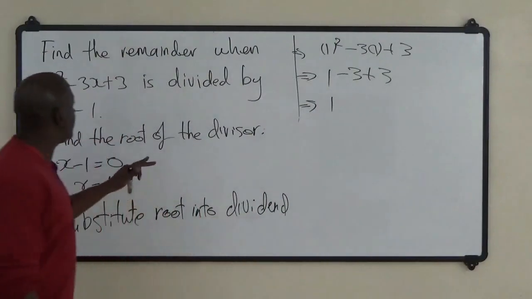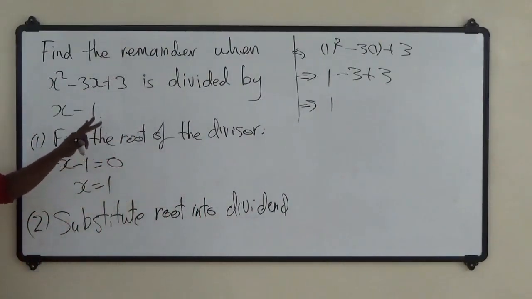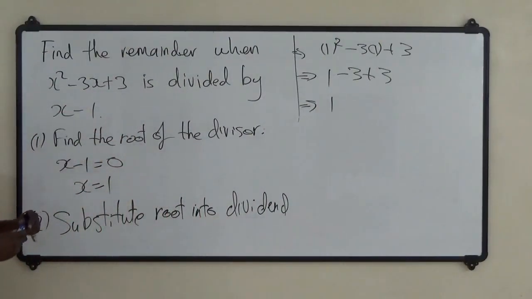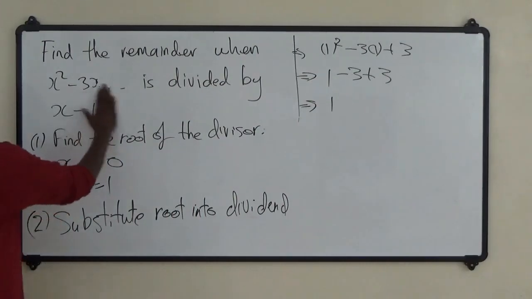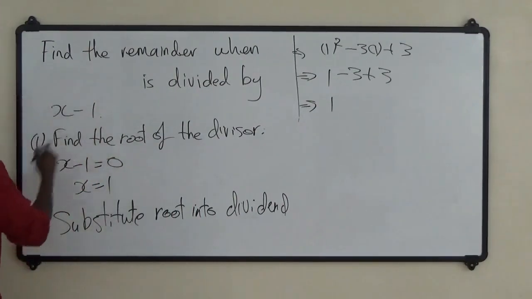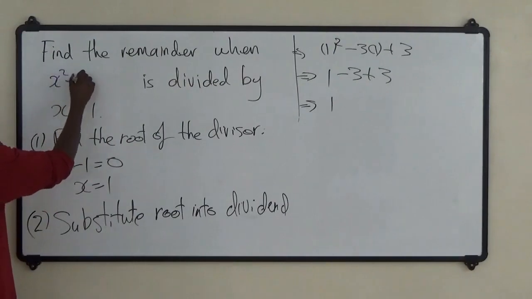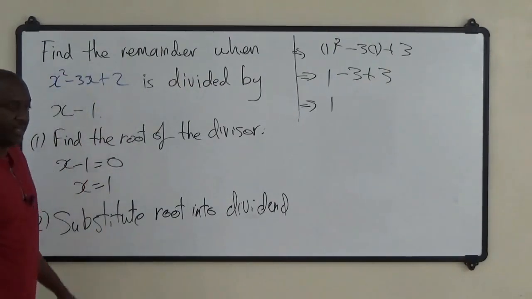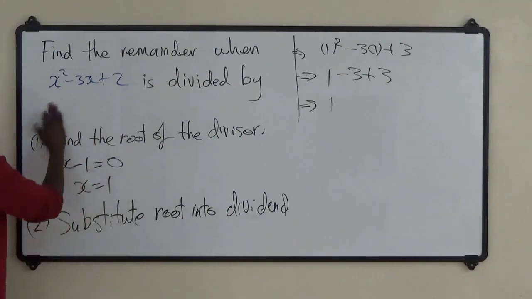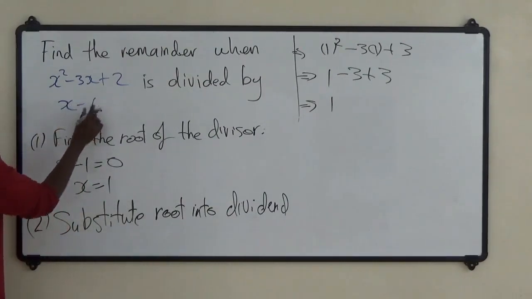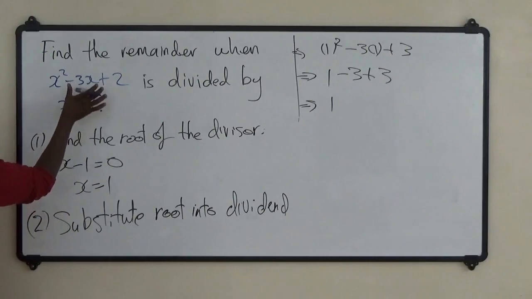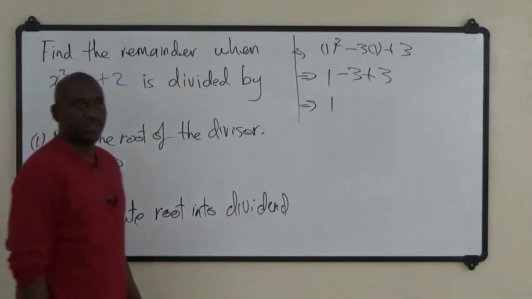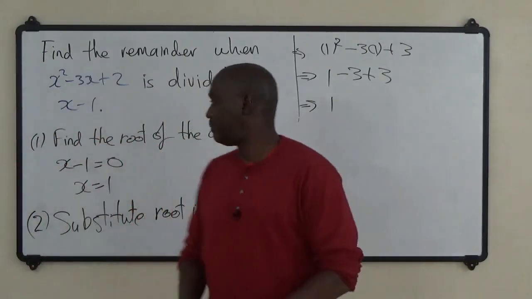Now, instead of x squared minus 3x plus 3, we say find the remainder when x squared minus 3x plus 2 is divided by x minus 1. Same x minus 1, but we change the dividend to x squared minus 3x plus 2.